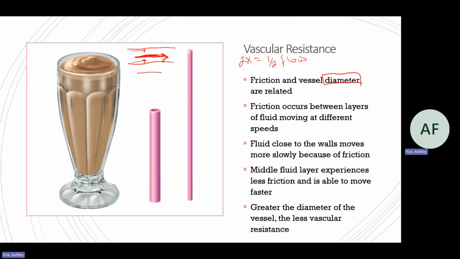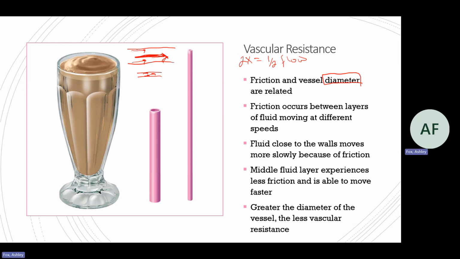If you decrease the diameter of your blood vessel, more of the blood is going to be hitting the wall and slowing down. There's less room in the middle where you can just speed along. So the middle layer has less friction and is able to move faster than the outer layer.